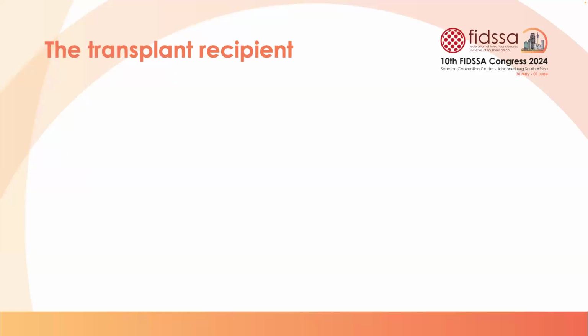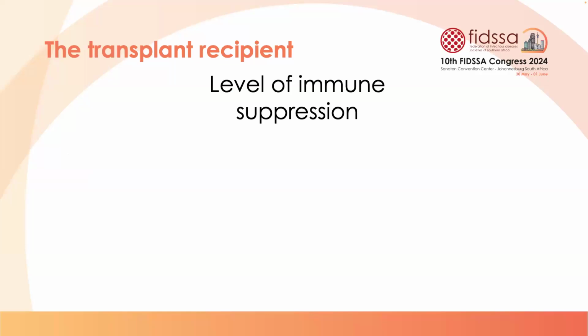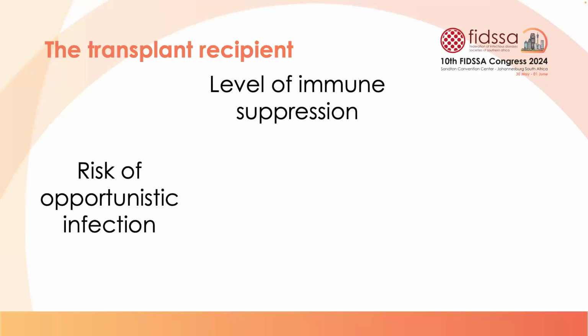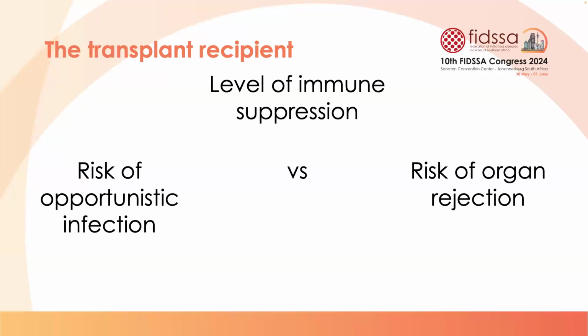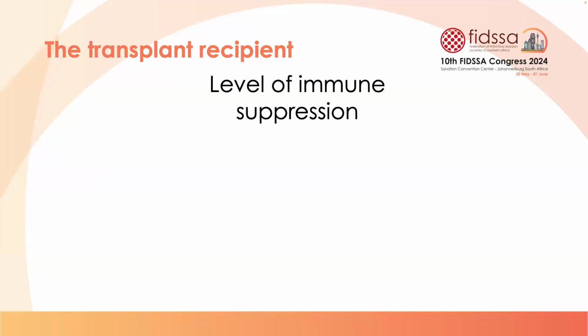So what makes a transplant recipient special? Well, when you have a patient who has been transplanted, the level of immune suppression is really a balance between the risk of opportunistic infection and the risk of organ rejection. This is a balance that's very difficult to maintain for anyone looking after a transplanted patient.